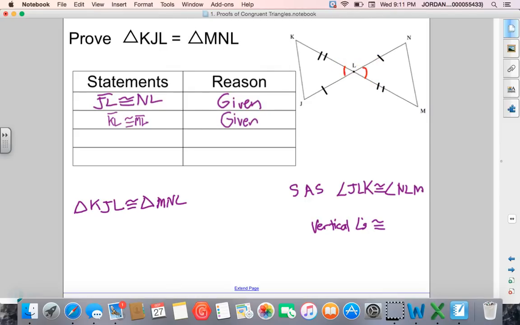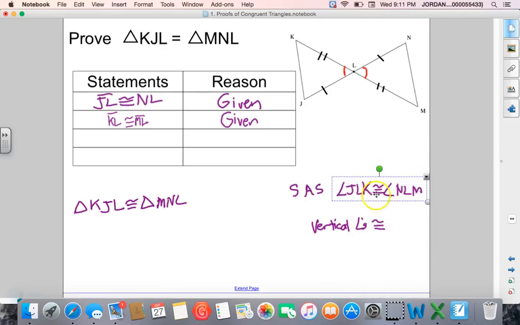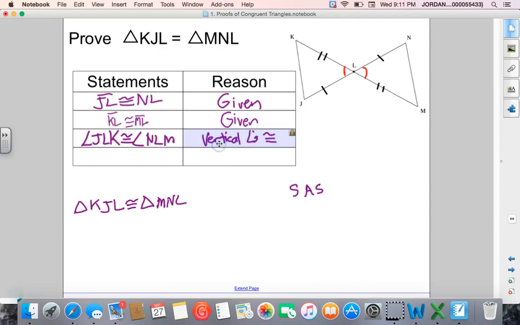So our statement would be that angle JLK is congruent to angle NLM. And the reason we know that is because vertical angles are congruent.